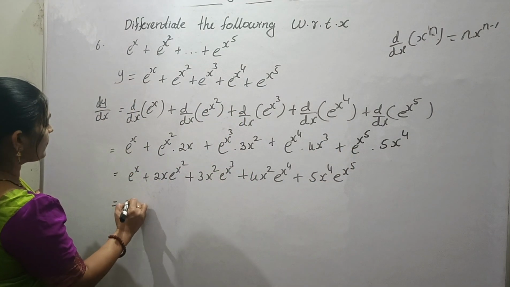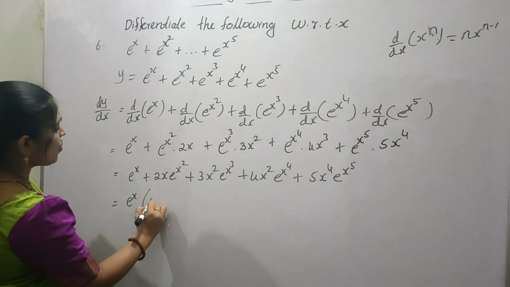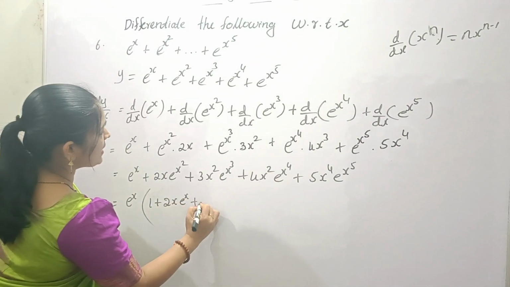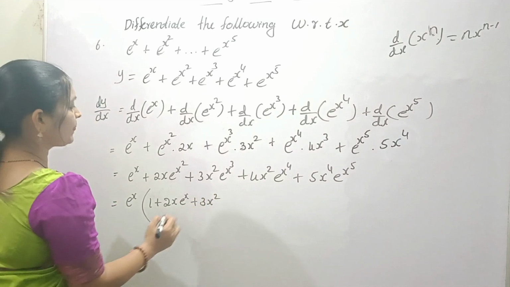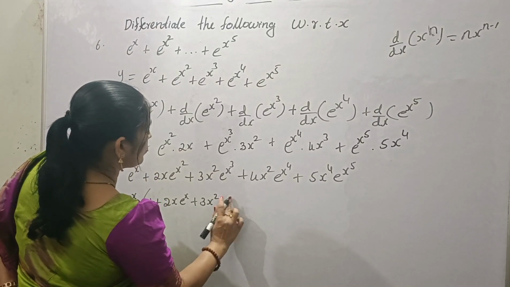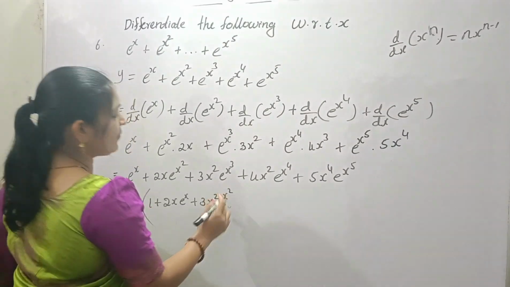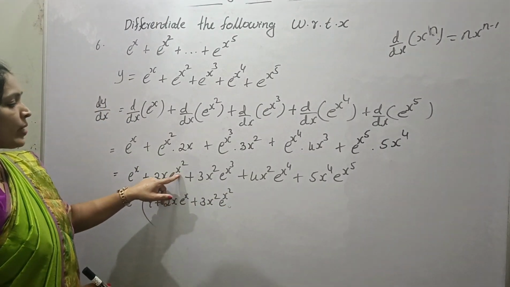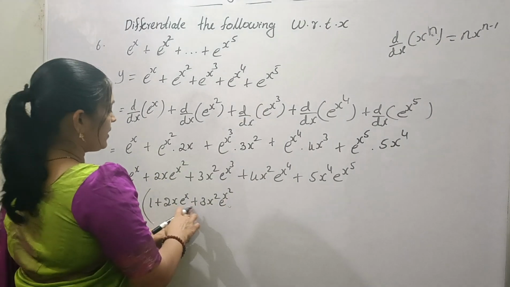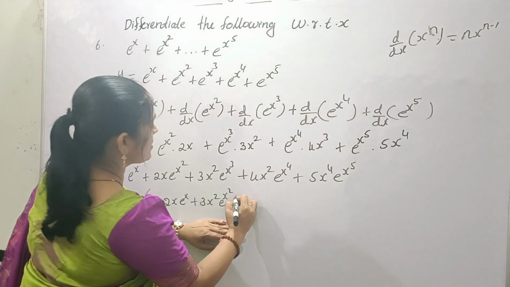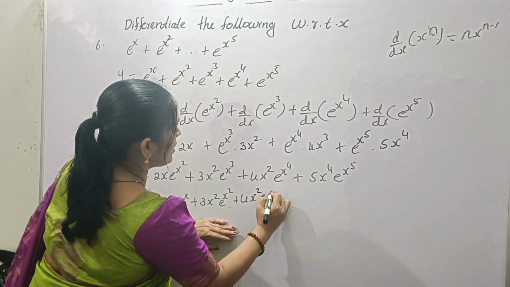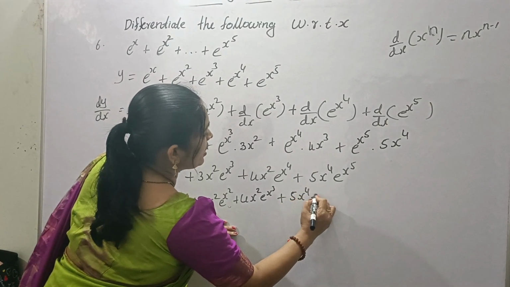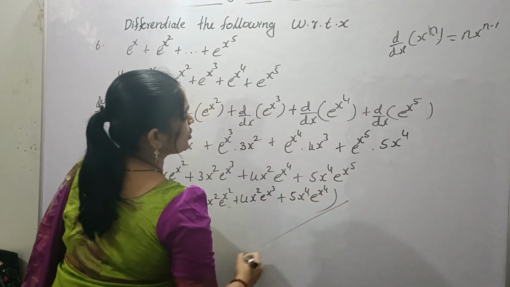So let's take it out. e raised to x into 1 plus 2x e raised to x plus 3x square e raised to x square. We have taken e raised to x outside, so here it will be e raised to x. Then e raised to x plus e raised to x square plus 4x square e raised to x cube plus 5x raised to 4 e raised to x raised to 4. That's all.